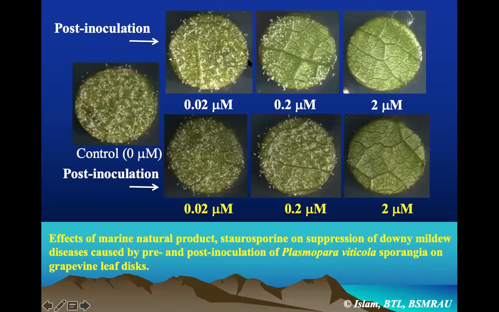When we tested the staurosporin on a leaf disc assay in the laboratory, we found that at 2 micromolar concentration, it can protect the plant 100%. That means in the in vivo test in the greenhouse or in the incubator, we confirm that this molecule can protect the plant from the infection.